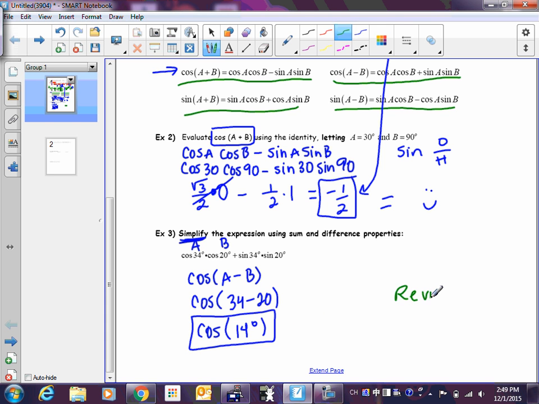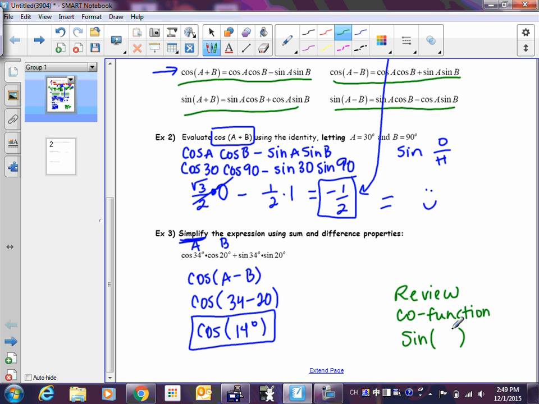So for review of yesterday, what is the cofunction? How could I write a cofunction? First of all, what is the cofunction of cosine? It's right there in the name. Cosine, take off the co, you get sine. Now what number am I going to put on the inside? 14. Not 14. Oh. The complement, yeah.